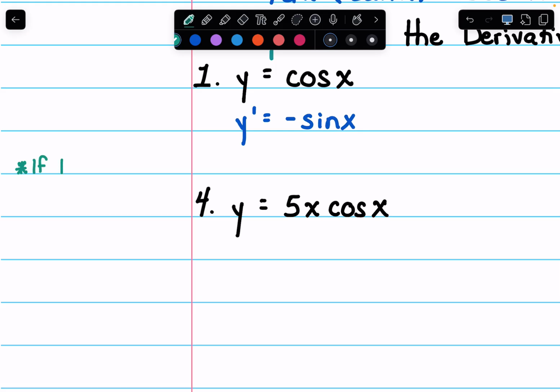If there's a variable before your trig word, then use product rule.